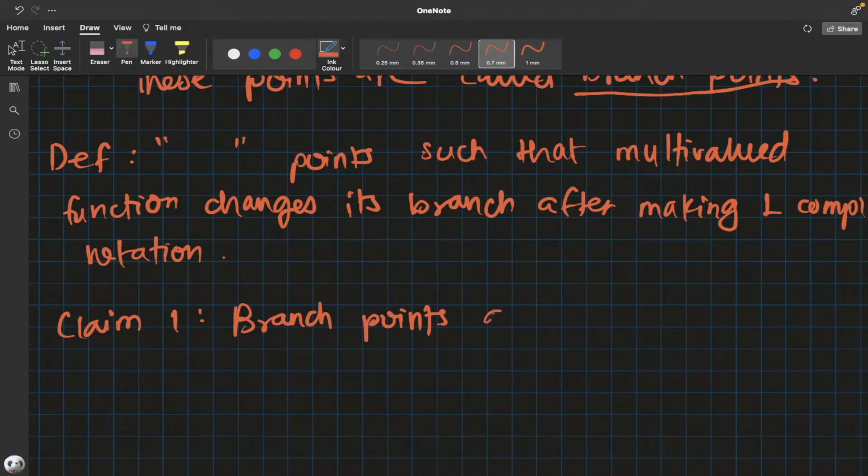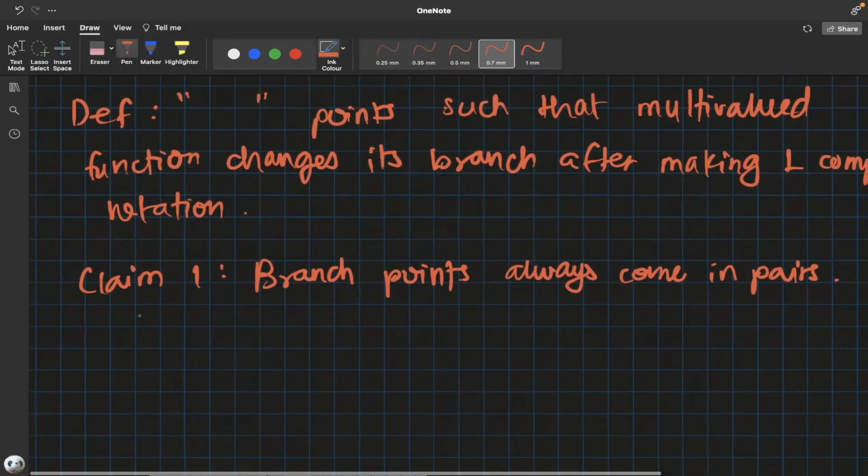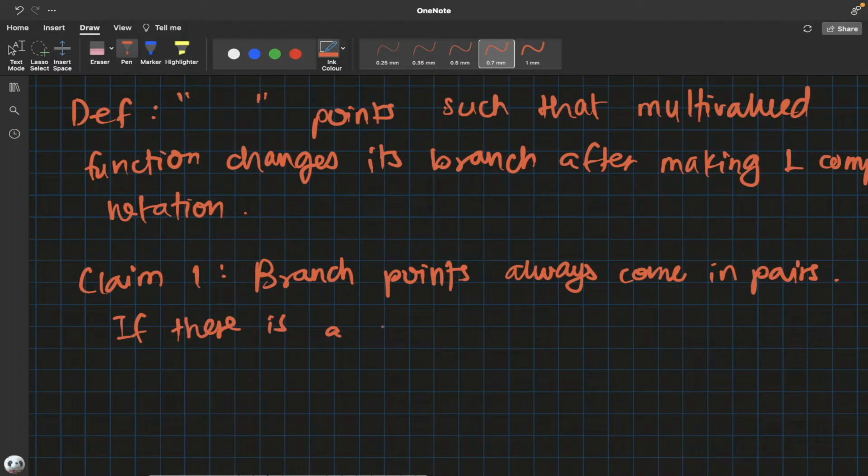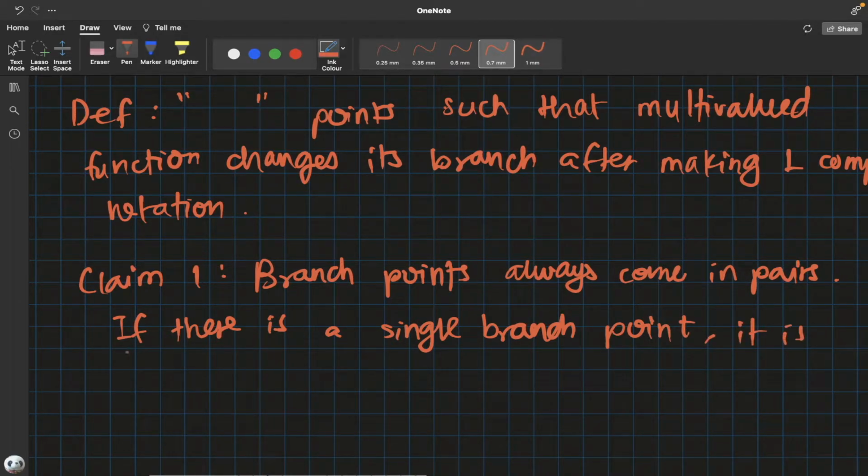There's one claim I'm going to make. Branch points always come in pairs, but if there is a single branch point, it is always paired with infinity.